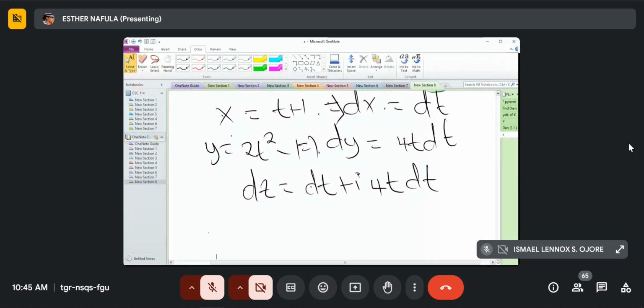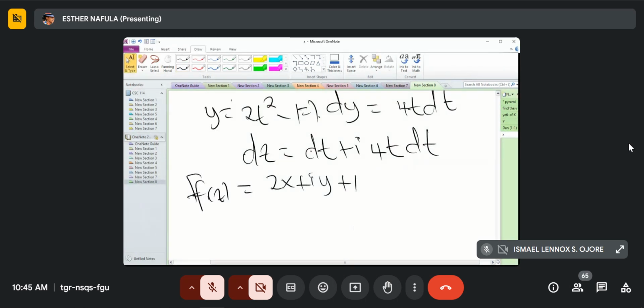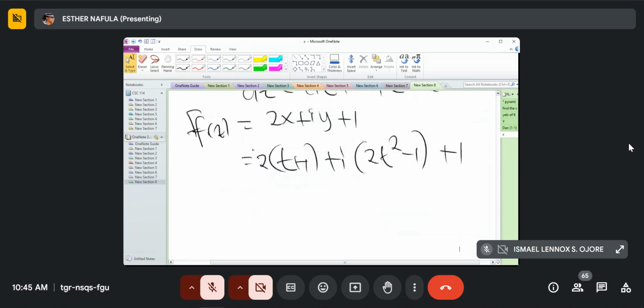We need our f of z in terms of the variable t. f of z is 2x plus iy plus 1. But our x is t plus 1, our y is 2t squared minus 1. So this is 2 times t plus 1, plus i times 2t squared minus 1, plus 1. 2 times t plus 1 gives us 2t plus 2.